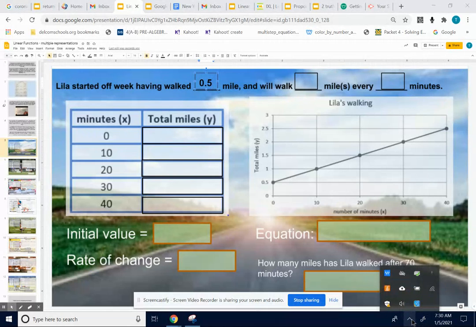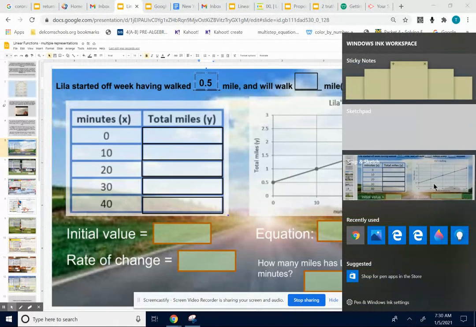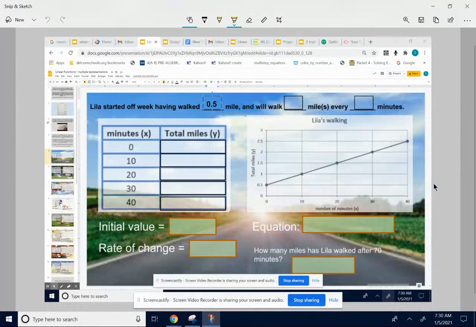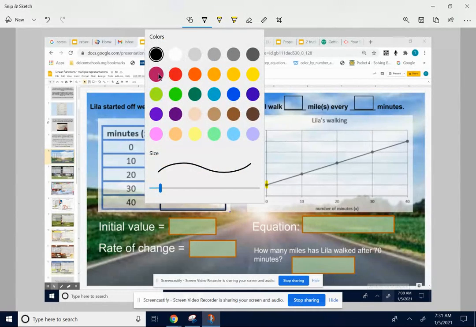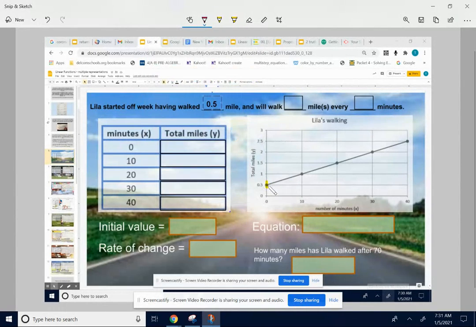I put the snip and sketch up here so we can look at it better. We could go from one point to another. You can choose any 2 points you want. You could use 2 points that are close together and think rise over run.